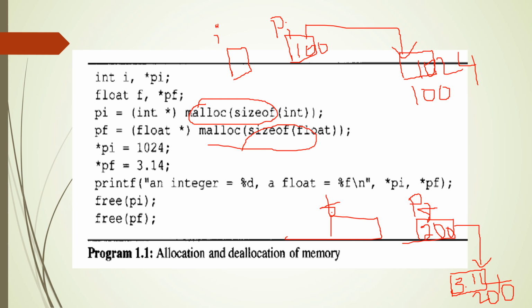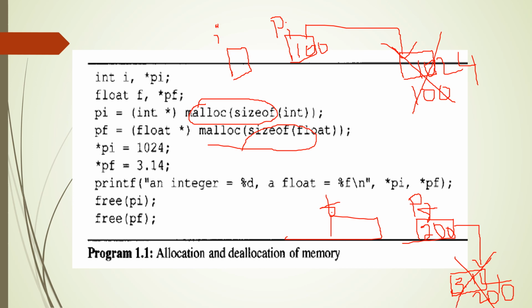So as I already mentioned, before the program gets terminated, you have to include the free statement to delete the dynamically created memory blocks. So when this particular statement is executed, this block will be deleted, and free(pf) means this block will be deleted and the program will be terminated.